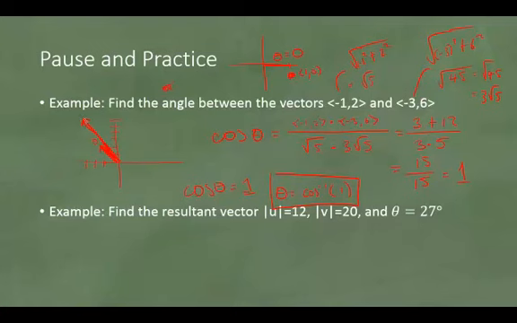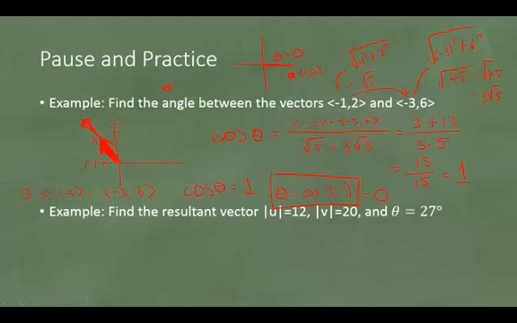There's no angle, it goes through the same point. So this should be 0. Another way you could have noticed that is that -1, 2 times 3 is -3, 6. So this one is the same vector, only 3 times as big. So there shouldn't be an angle in between them.